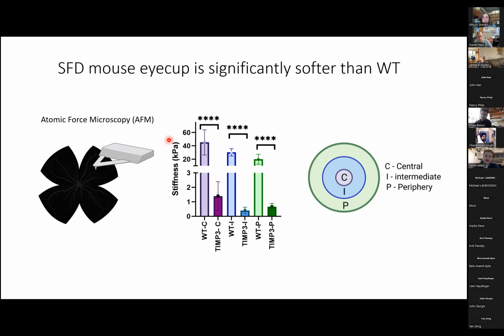One thing, I'm not inventing experiments for you, but has anyone denuded Bruch's on these Sorsby's versus wild type mice and then tried to introduce RPE culture on them? It was really cool to have this in vitro model of changing the stiffness by changing the synthetic properties.